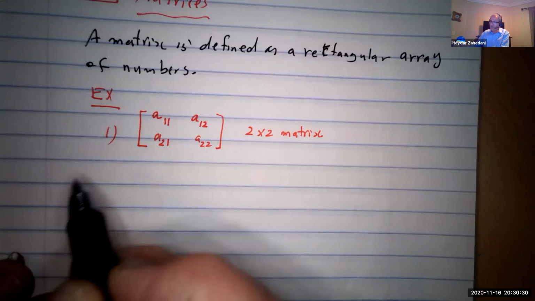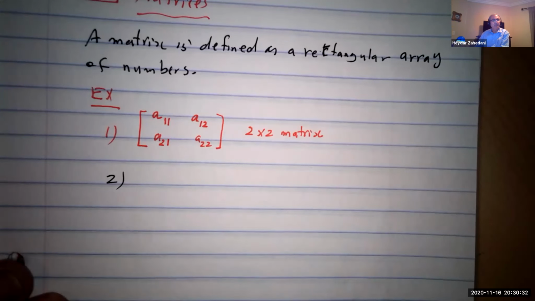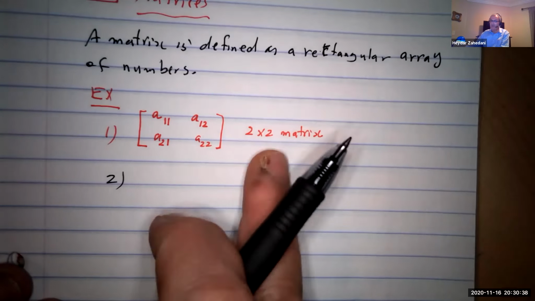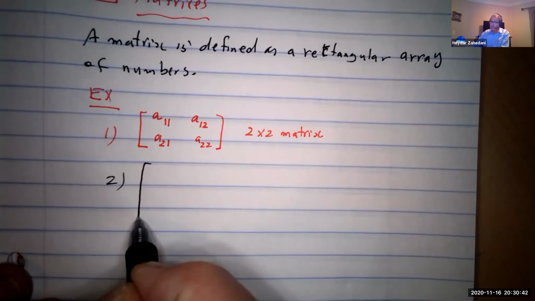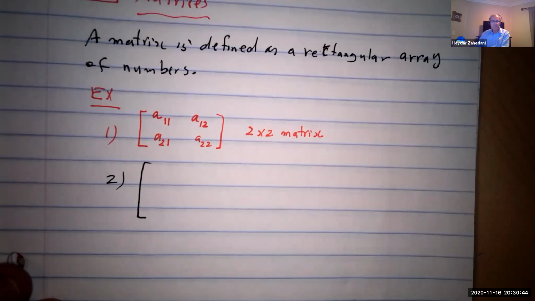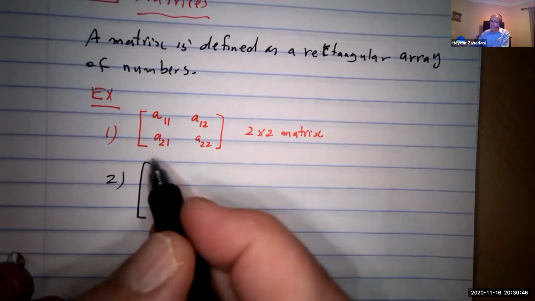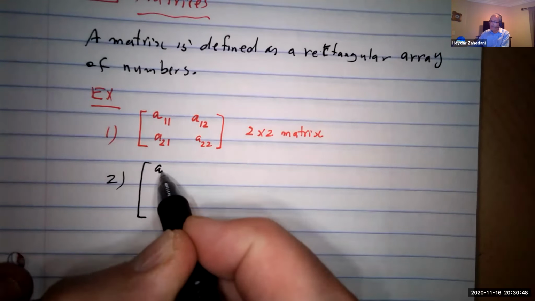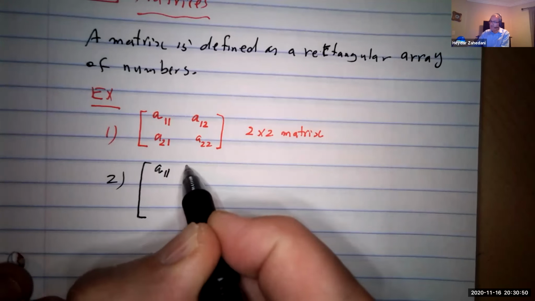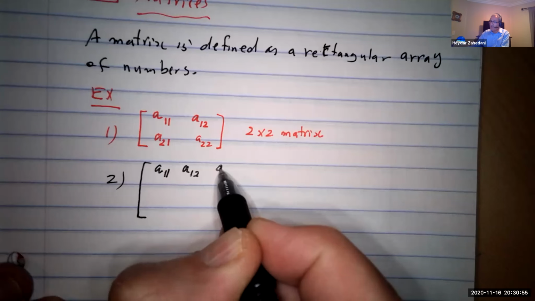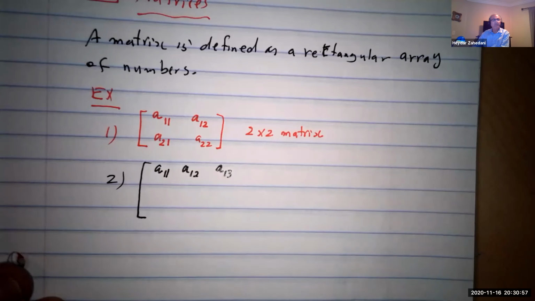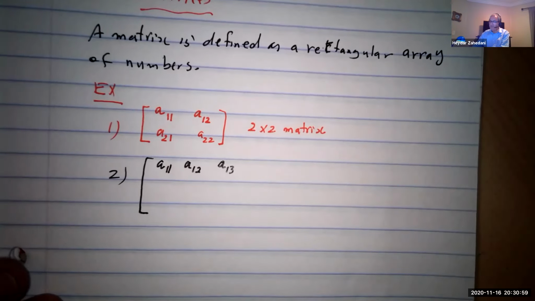Similarly, you can have another one. You can have any size, but I'm going to be interested in the so-called square ones, meaning the number of rows and columns are the same. The other one that we are going to be interested in is 3 by 3. So this is A11, first row, first column, A12, first row, second column, and A13. That covers the first row.